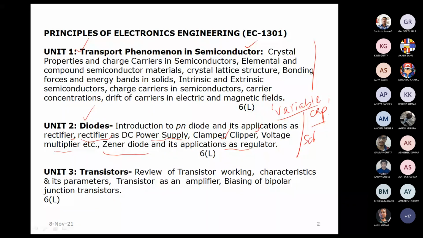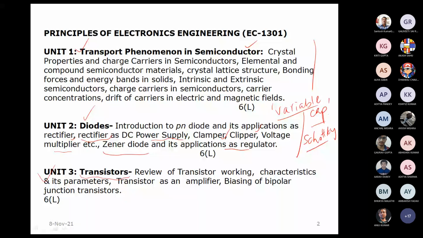So there are different types of diodes. We may also see a few basics of these other diodes, which are not listed here, if time permits.